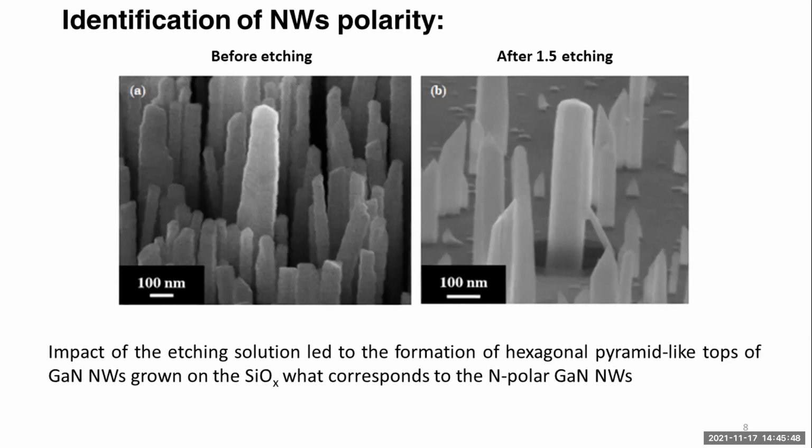As can be seen, the etching process significantly changes the morphology of nanowires grown on the silicon oxide. The impact of the etching solution led to the formation of pyramid-like tops of the nanowires, and we can conclude that nanowires grown on silicon oxide are nitride polar, and nanowires grown in the holes on silicon are gallium polar.